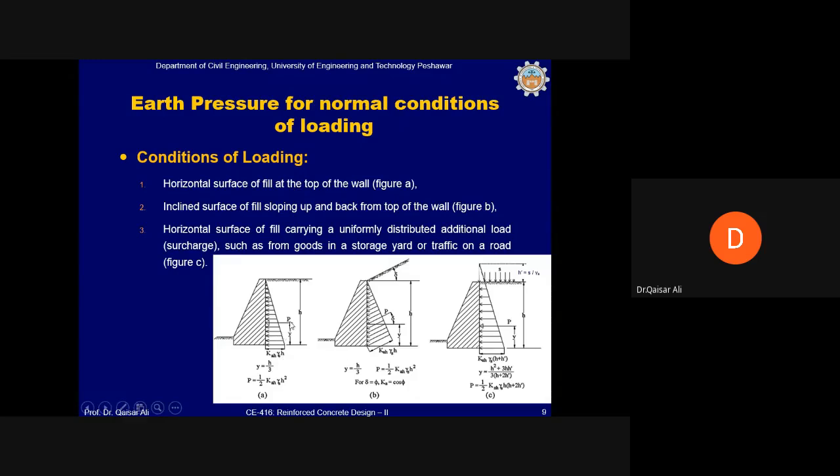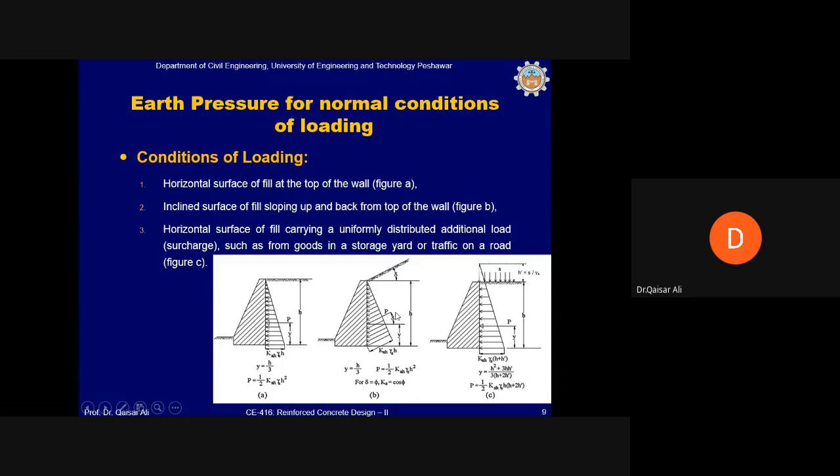The resultant of this can be very easily calculated from this triangular distribution of the pressure diagram, and P will be equal to half of K gamma H squared, where K is the active earth pressure coefficient, gamma is the density of soil, and H is the height of the backfill, and P will act at a distance of H by 3 from the base of the retaining wall.